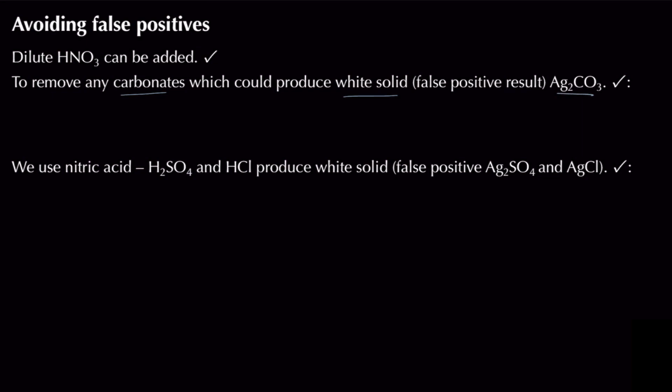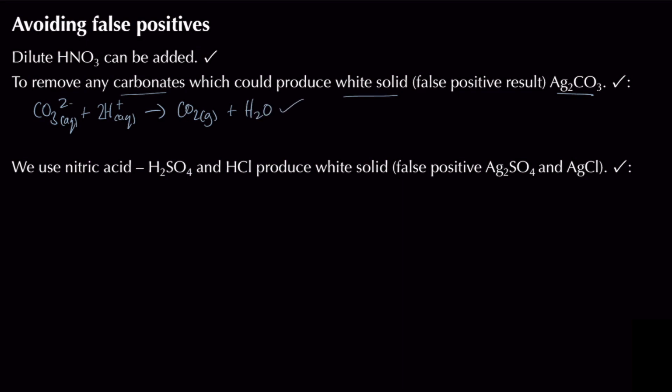We get rid of this by taking our nitric acid, which has H+, and that reacts with our carbonate ions, and we end up producing carbon dioxide gas and water as well. So we've got aqueous H+ and aqueous carbonate ions, and we get rid of our carbonate ions by turning them into carbon dioxide gas, and we end up with water as well, an equation that we need to know.